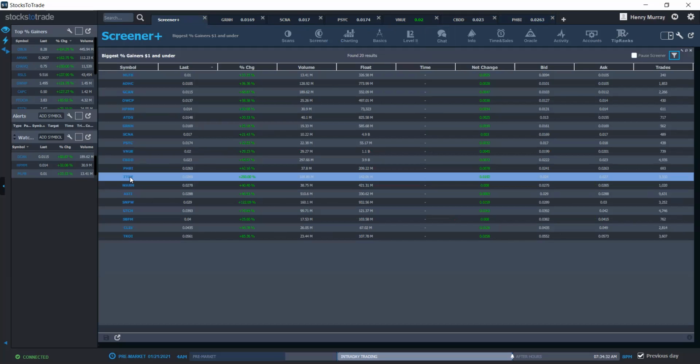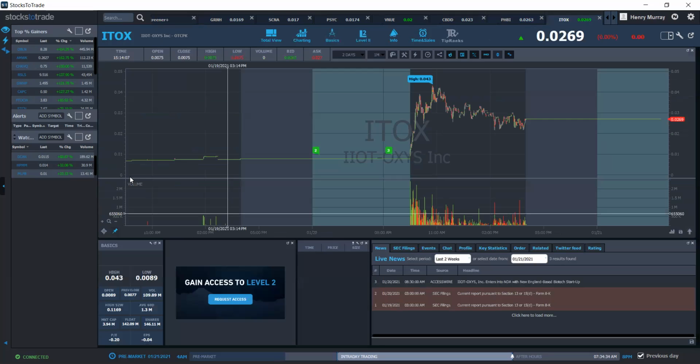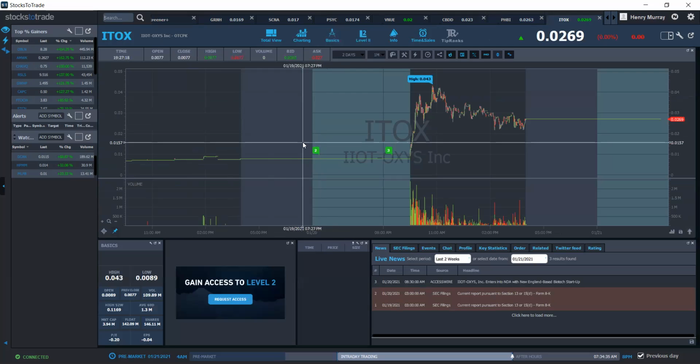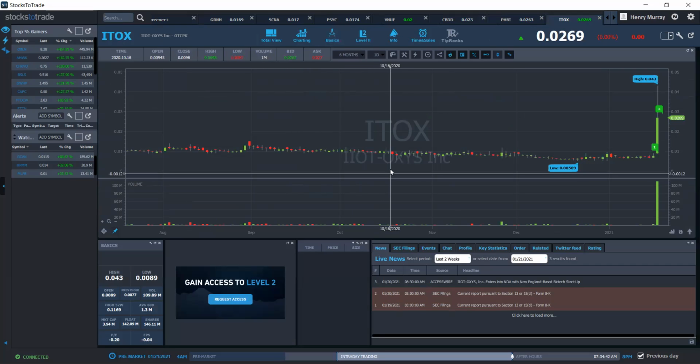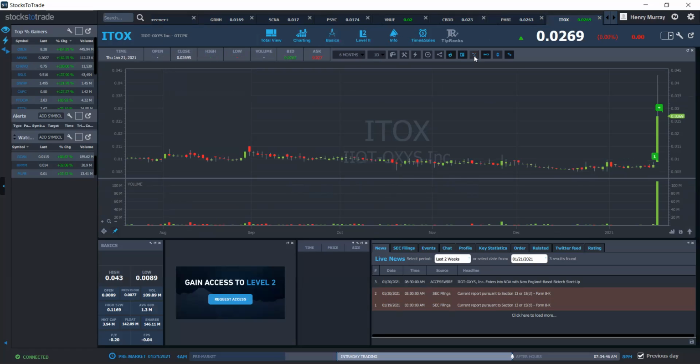ITOX. Beautiful, beautiful. This is a supernova. Beautiful. Nothing for the previous 4 to 5 months.